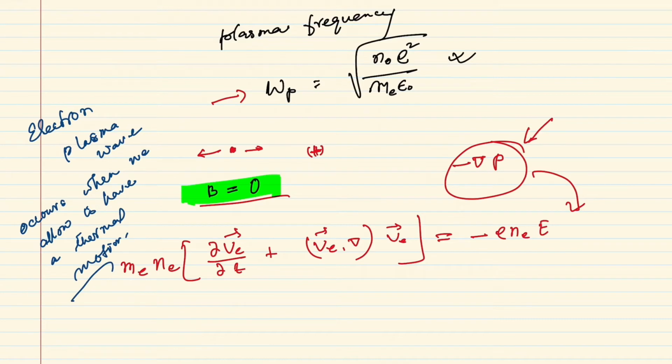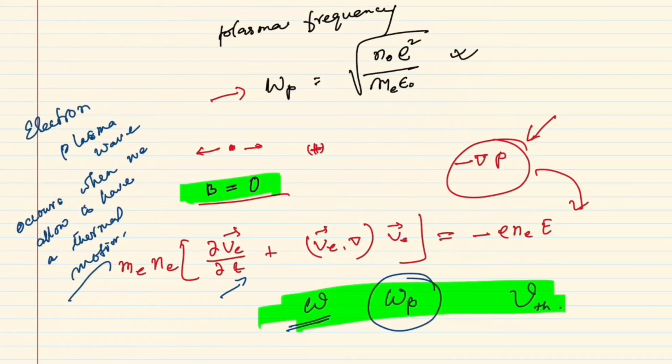From here we will solve this equation for omega. We will obtain a relation between omega, omega p, that is plasma frequency, and the thermal velocity v.